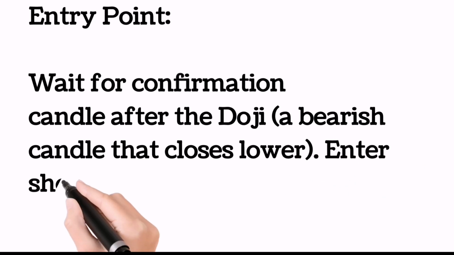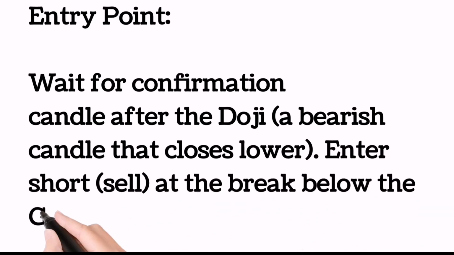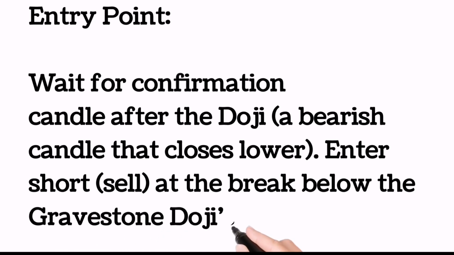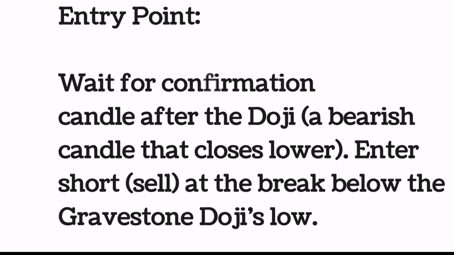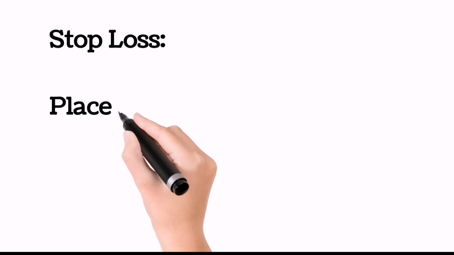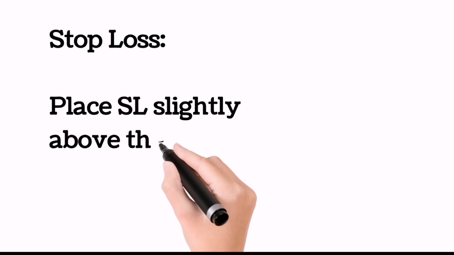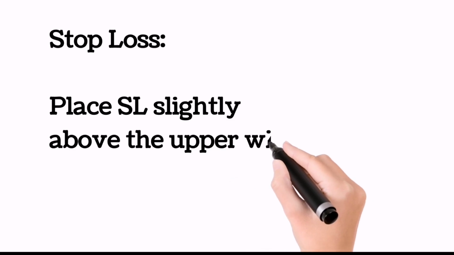Enter short, sell, at the break below the Gravestone Doji's low. Stop loss: place the SL slightly above the upper wick of the Gravestone Doji.